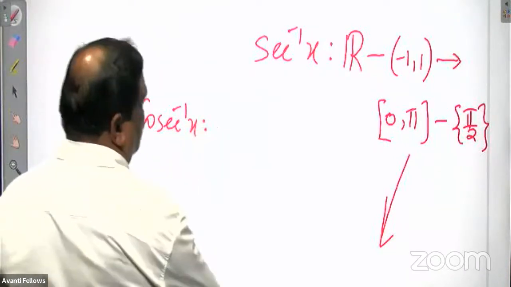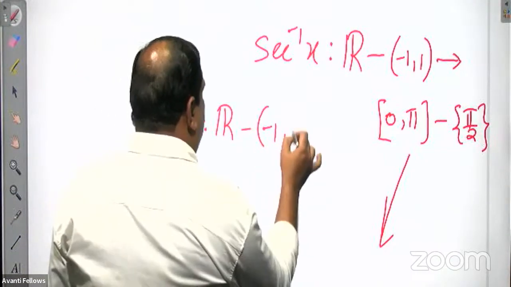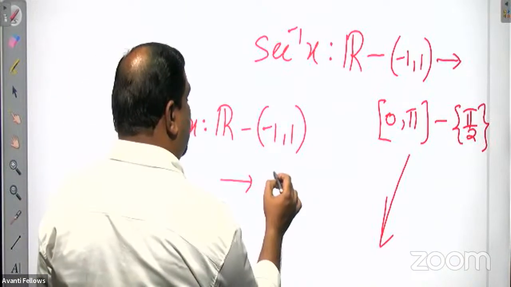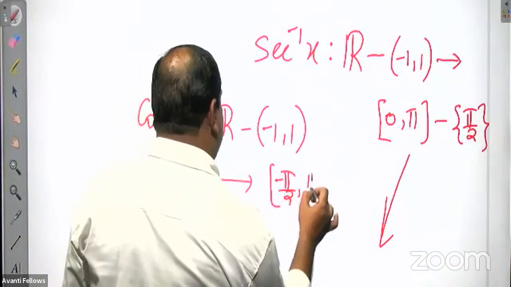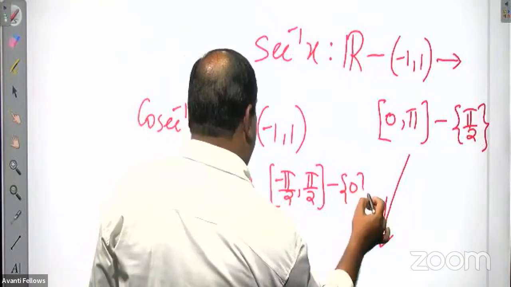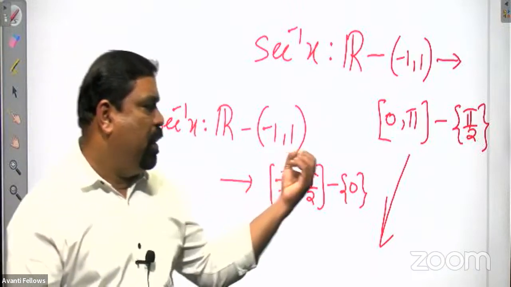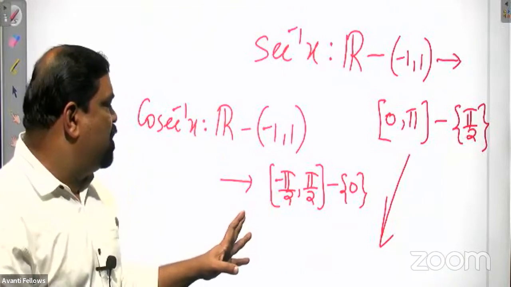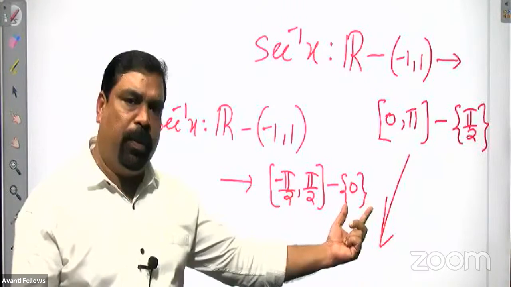Cosec inverse x is a function from, I'm just directly telling, R minus (-1, +1) to the interval minus pi by 2 to plus pi by 2, except 0. The same argument applies here also. So the principal value branch of cosec inverse x is minus pi by 2 to plus pi by 2, except the point 0.